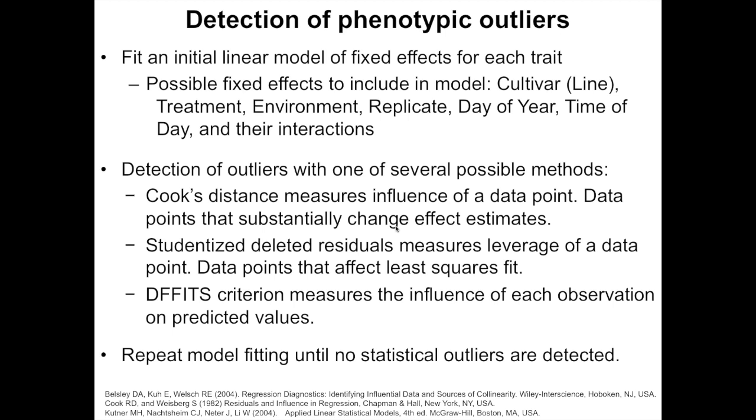But I will say that these 3 are ones that work very well for my research. In a sense, what you're doing here is testing for the influence and the leverage of a particular phenotypic value. And if it's greater than a certain cutoff threshold, then it needs to be removed.